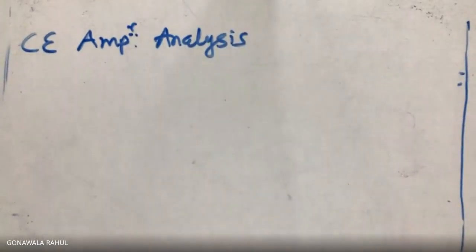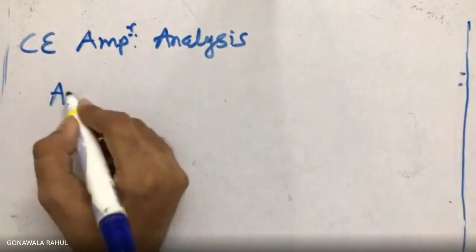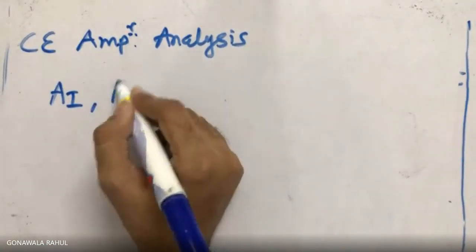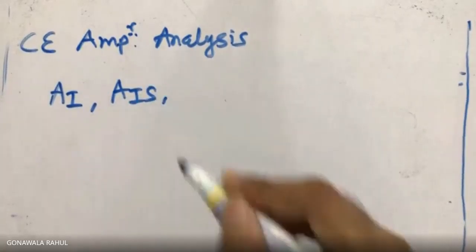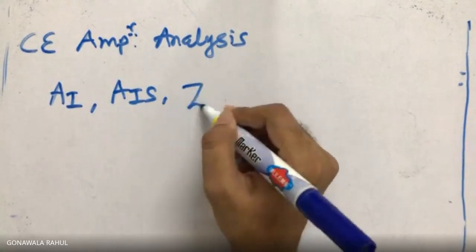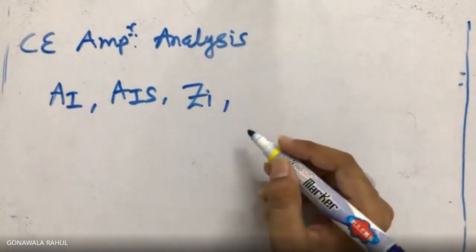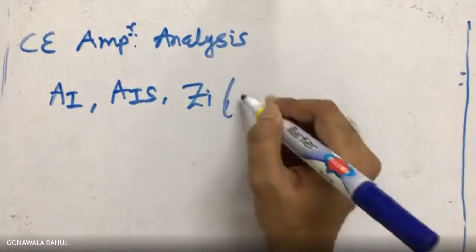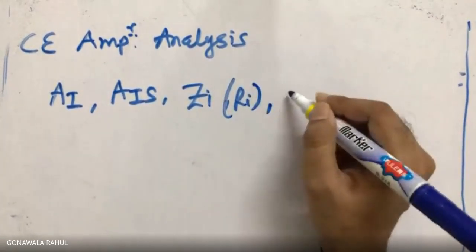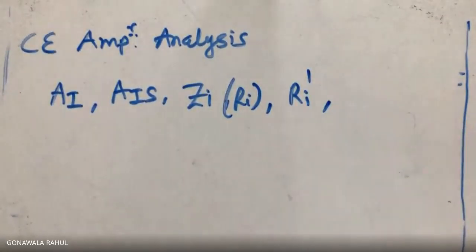Which parameters have we actually derived? I am listing them here. First we found the current gain, then the current gain for the circuit. Then we found the input impedance, that is Zi, or you can say Ri, then the input impedance of the circuit, Ri dash.